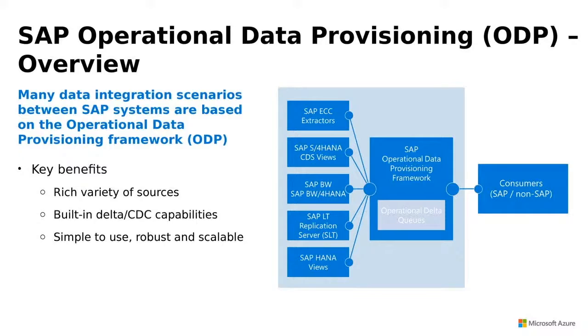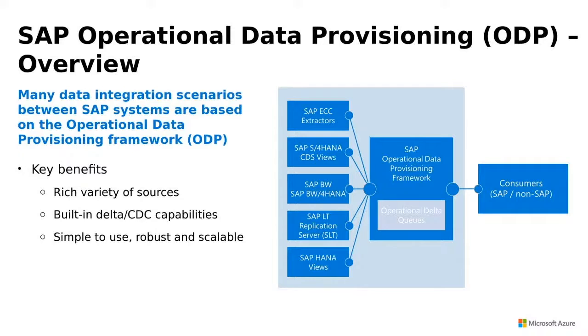Same for S/4HANA. So S/4HANA comes with a modernized technology, similar in flavor, but based on a different technology, which are the so-called CDS views. And again, SAP has built a huge number of objects for all kinds of application areas like sales, and we'll see that later in the demo as well. Sales, financials, all of those areas are covered by CDS views for extraction, just as it was with ECC extractors in the past.